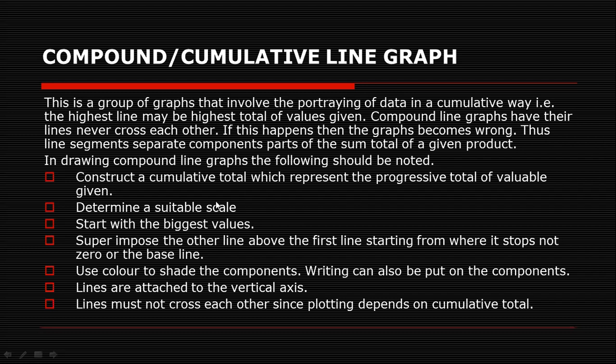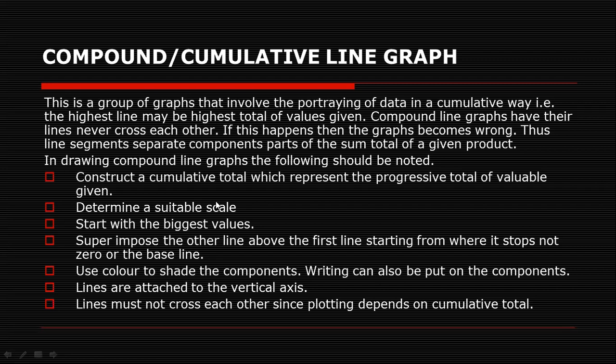Why? Because these lines must be portraying information which is added to the other. So you will never see lines crossing, because you are supposed to have a table which guides you on how to get the next figures. Thus, line segments separate the component parts of the sum total of what is given in a product.